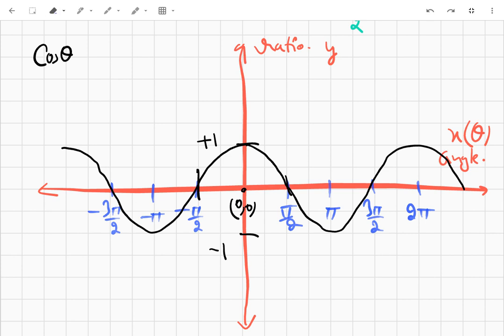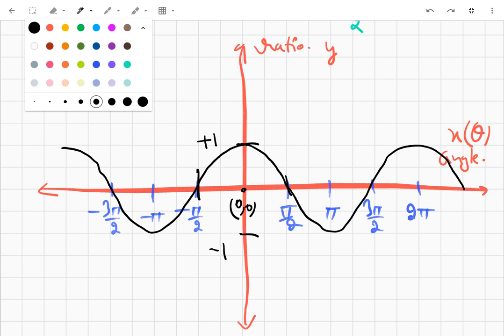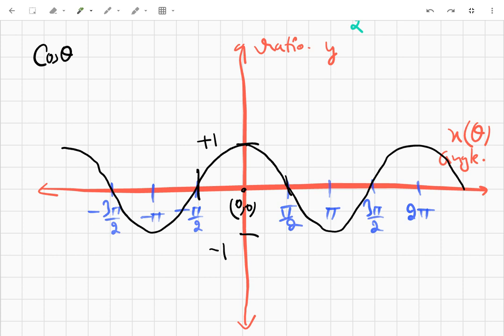Okay, now secant theta is the opposite of cos theta, right? So secant theta, when cos theta is 1, its reciprocal is also 1. Okay, so in this case the asymptotes will be when cos is 0, because secant theta is 1 by cos theta. When cos theta is 0, secant theta will be undefined. So our asymptotes will be here.